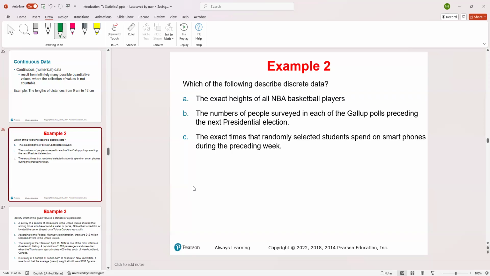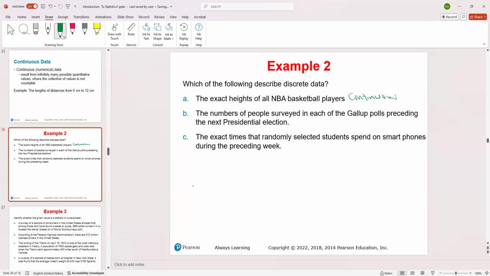There is no way you can obtain a decimal, and also it should be finite. Like the exact height of all NBA players, basketball players. Height can be decimal, 6.5, 6.7, 8 point something, 5 point something. So this is not discrete, it is continuous, but we need to identify only those that are discrete.